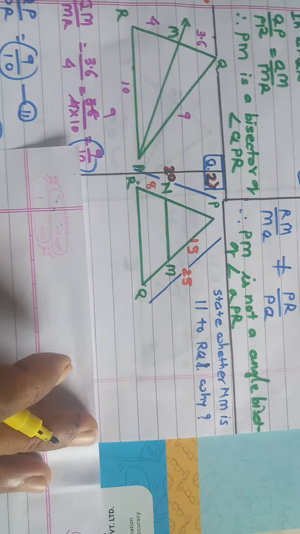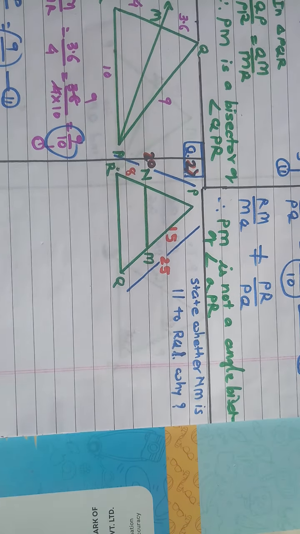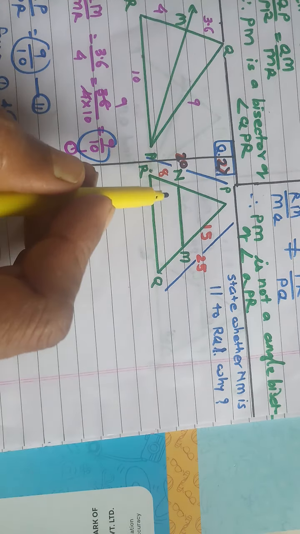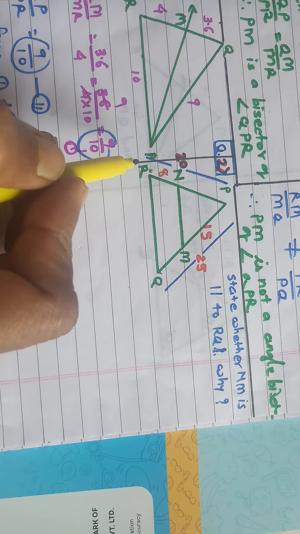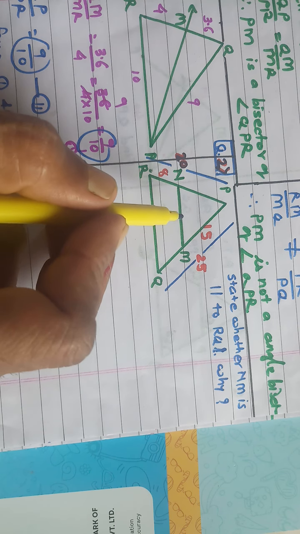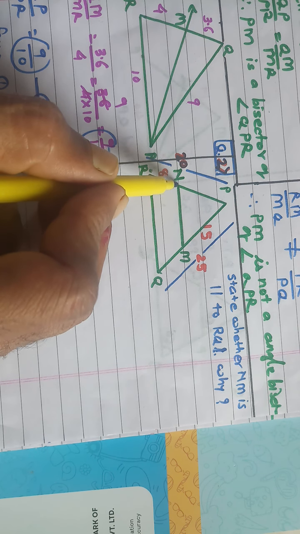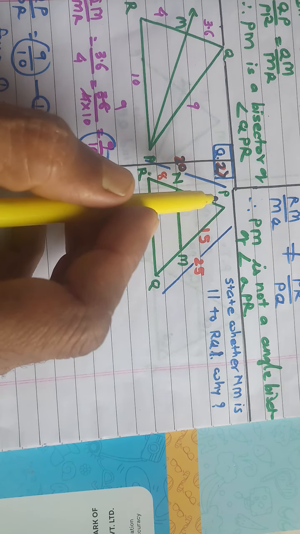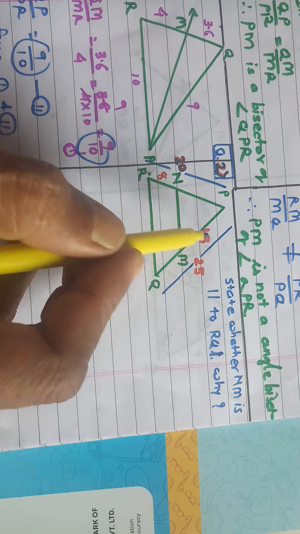Okay. Now, question number 2. Just read the question in your textbook. Some data are given. State whether NM is parallel to RQ or not. Okay. So, to check whether these two lines are parallel, we have to check the ratio of these two.